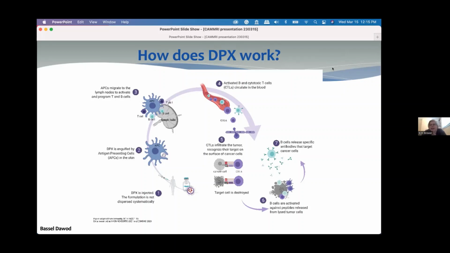These T and B cells will then circulate, infiltrate and recognize the tumor and release antibodies and peptides, or in the case of T cells, directly attack cancer cells. And it can be personalized by using different antigens for different types of cancer.